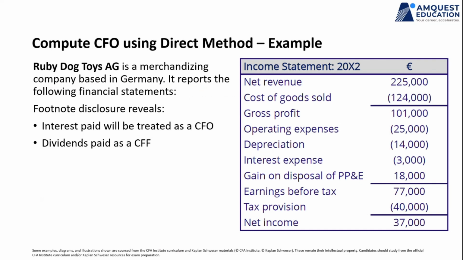Now, for the direct method, like we have data here, try working out a cash flow from operation. The company has an income statement provided to you. Interest will be treated as a CFO and dividends paid as a CFF.